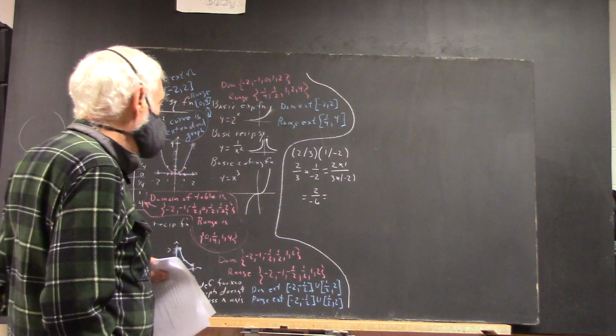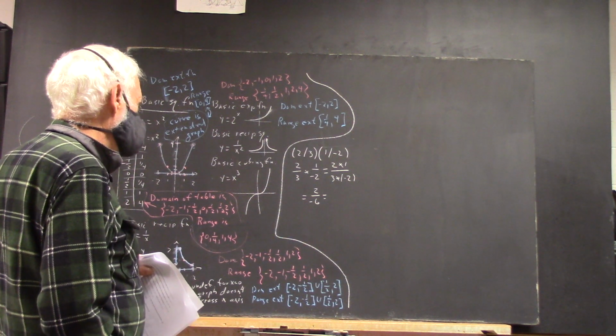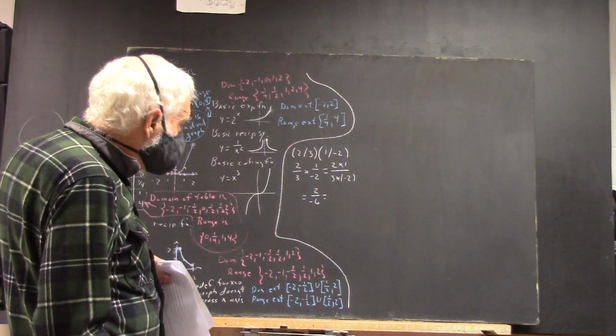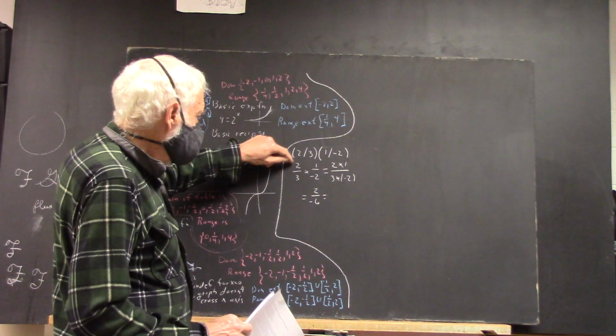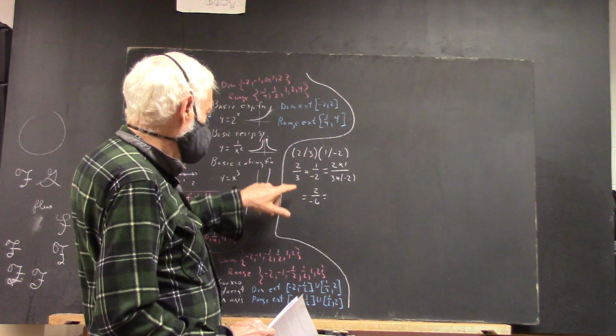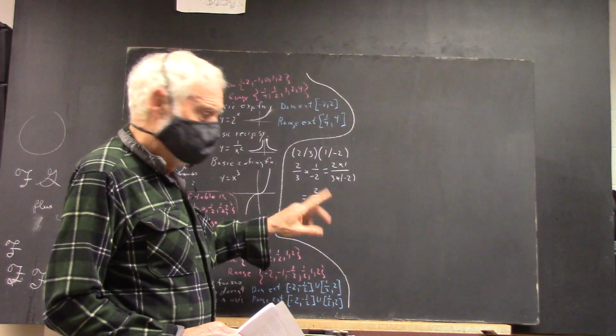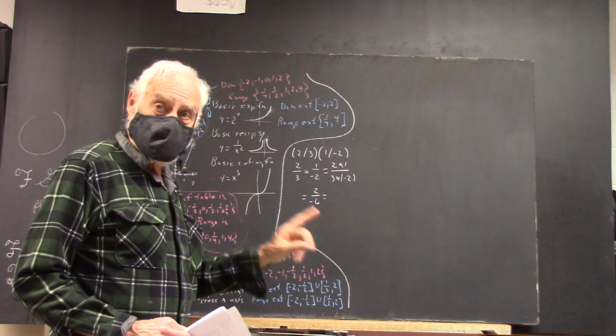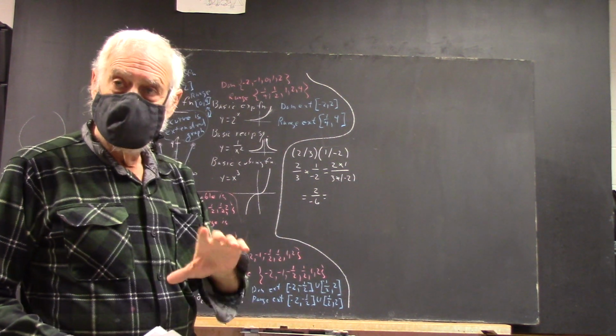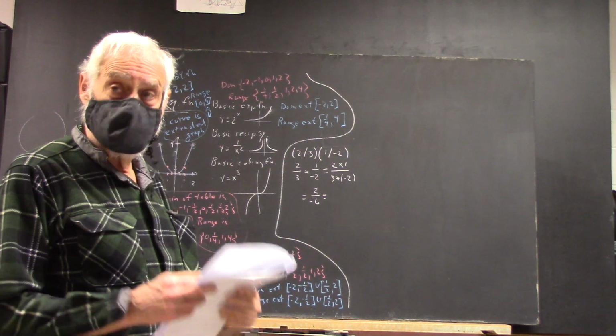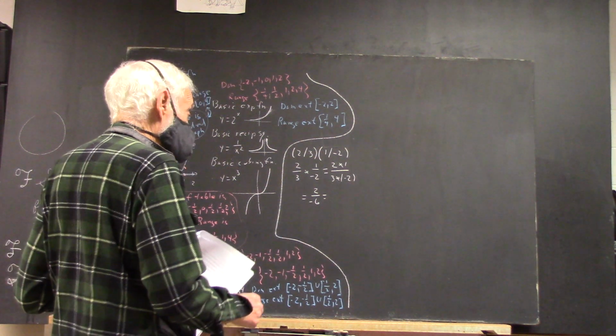No. Two times 1 is 2. 3 times negative 2 is negative 6. Okay. We'll come back to that because we've got to be done here in a minute. So hold that objection. We'll see if there's a problem with it.